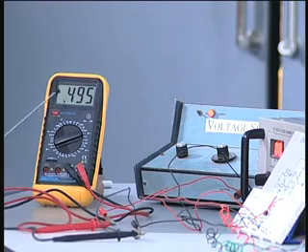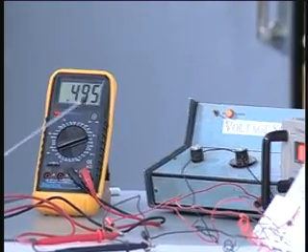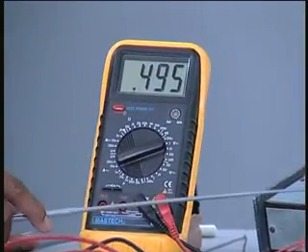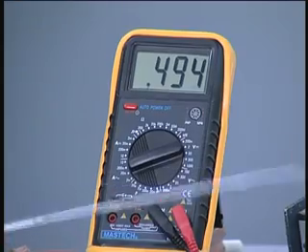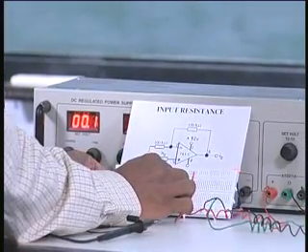Now I get about 0.495 volts. This is in the 2 volts range, and therefore 0.495 or nearly 0.5 volts is the voltage that I measure at the input. That means this gives you around 500 millivolts or about 0.5 volts. Now I take it out and connect this at pin number 3.